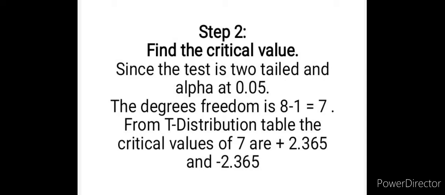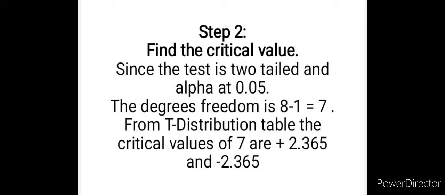Let's proceed to step 2. Find the critical value. Since the test is two-tailed, alpha is the 0.05 significance level, and our variances are not equal, the degrees of freedom are the smaller of n sub 1 minus 1 or n sub 2 minus 1. Where n is our sample size, in this case the degrees of freedom are 8 minus 1 equals 7.